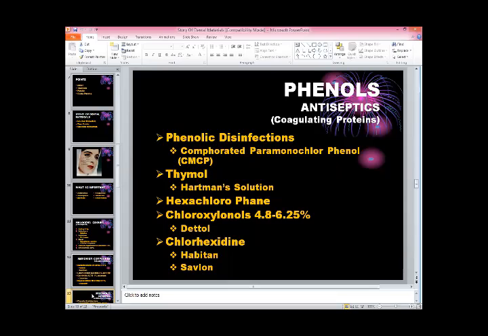And we can use them alone, we can use phenol and all this. Here, let me tell you one thing. This phenol has a coagulating property. You know, the composite, a main ingredient of the composite, is bisphenol and methyl methacrylate.